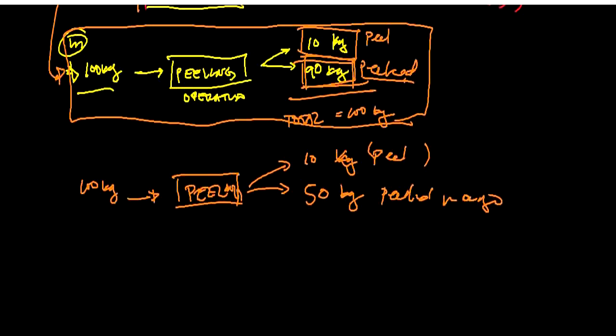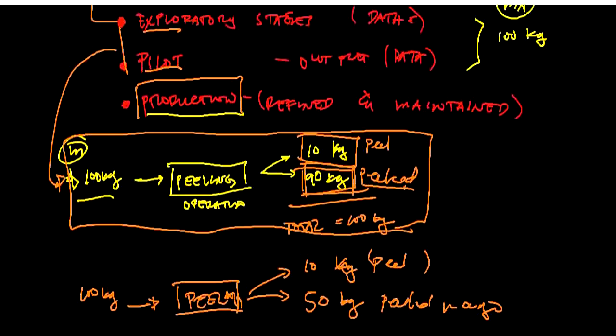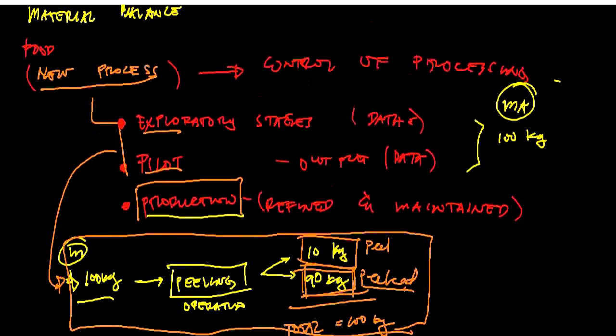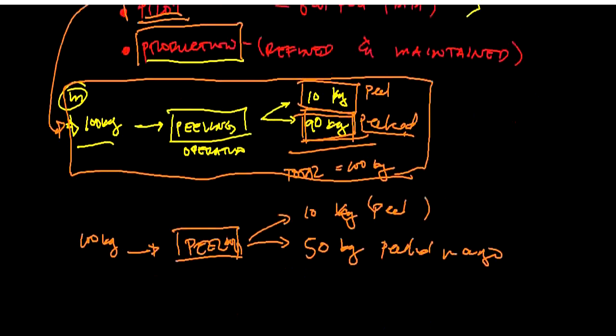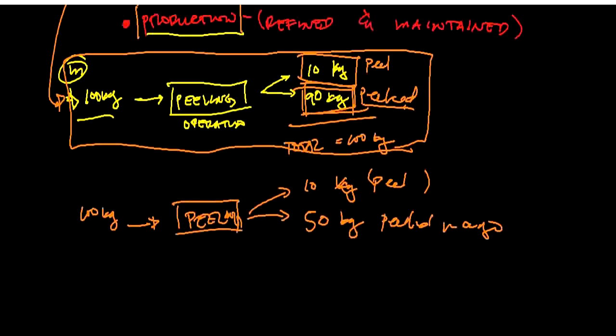Okay. So as you can see here, using the material balances and the data established during the exploratory and pilot test run, there is a change that occurred during the process. So instead of 90 kilograms peeled, you've only come up with 50 kilograms peeled. So using the material balance, you've noticed a lesser output or product, which is 50.